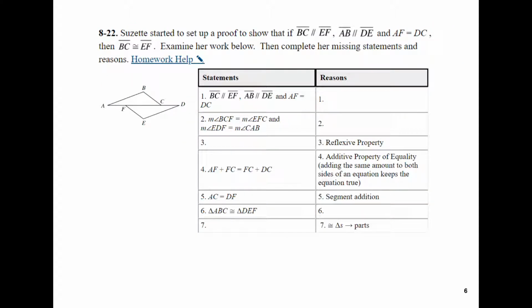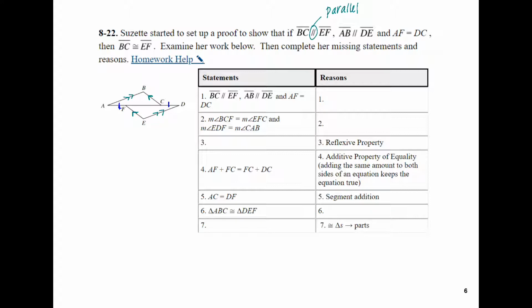8-22, Suzette started to set up a proof to show that if line segment BC is parallel to line segment EF, AB is parallel to DE, and AF is equal to DC, then line segment BC is congruent to line segment EF.